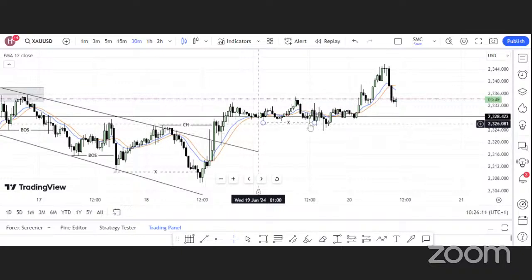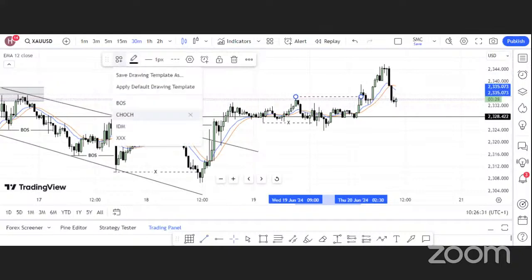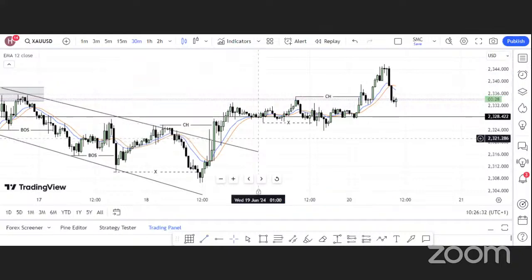The market took out this low, okay, giving us a shift in market structure. Okay, so this is a breach here, and after the breach, we expect a shift in market structure, which is our change of character. So after the change of character, the next thing to look out for is what?